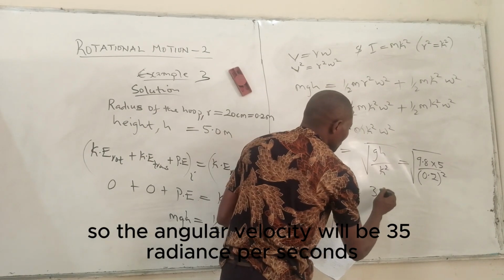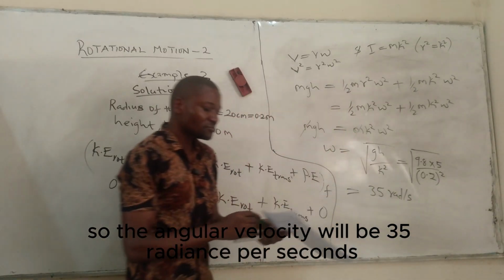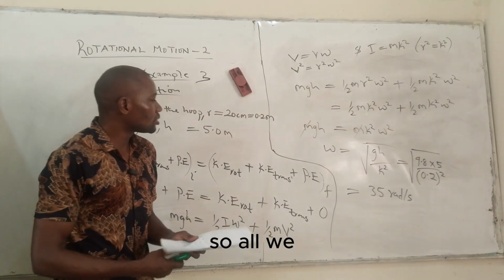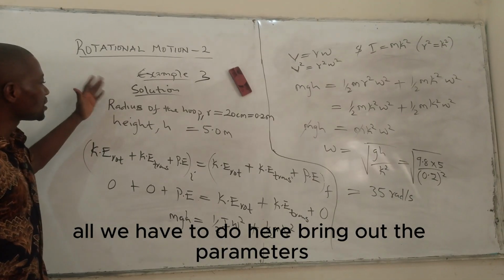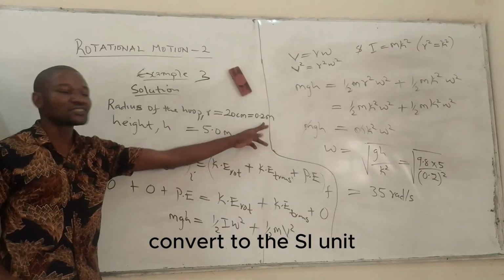So the angular velocity will be 35 radians per second.